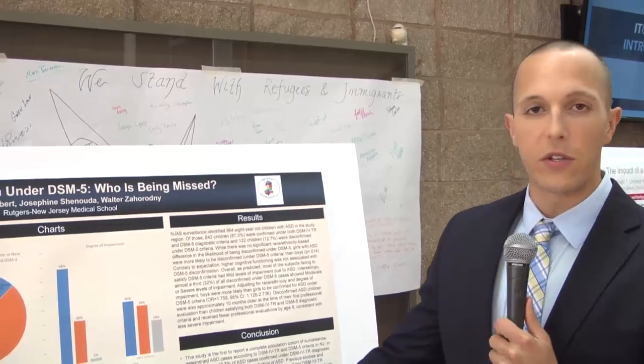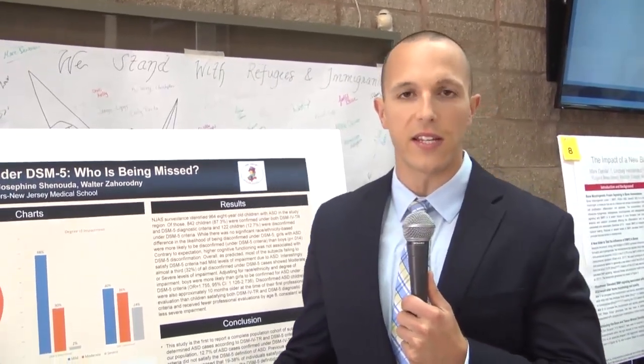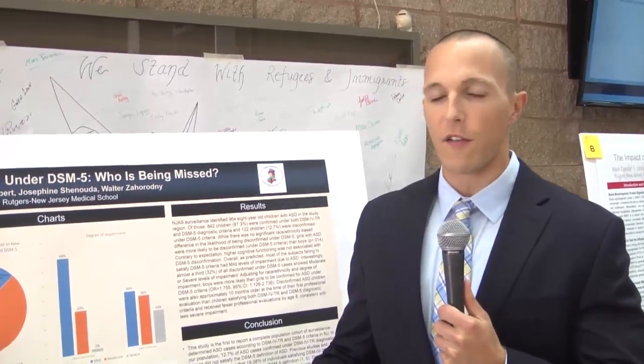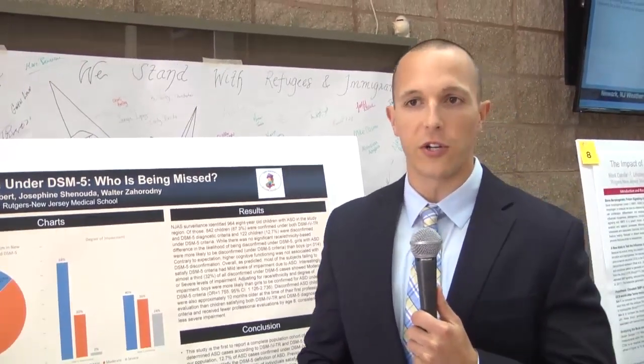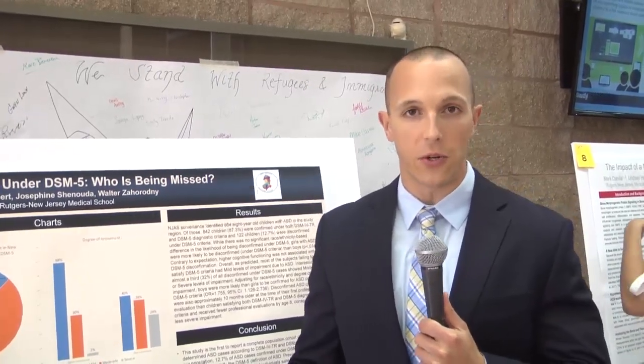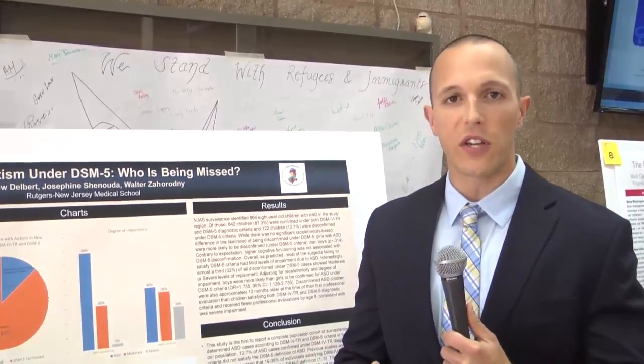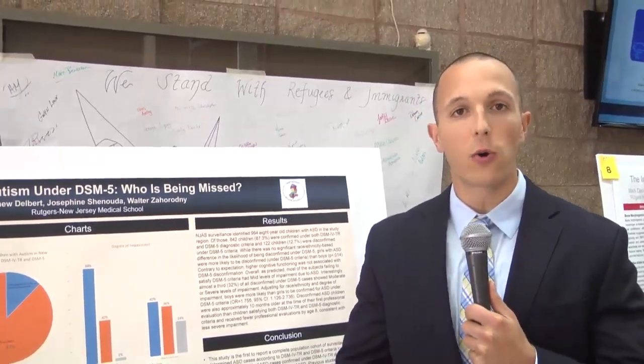So basically the New Jersey Autism Study, which is piloted by the CDC, looked at 4 different counties in New Jersey, and they wanted to find all the children in those counties that were 8 years old in the year 2014 who met the criteria for autism under the older DSM-4 definition.